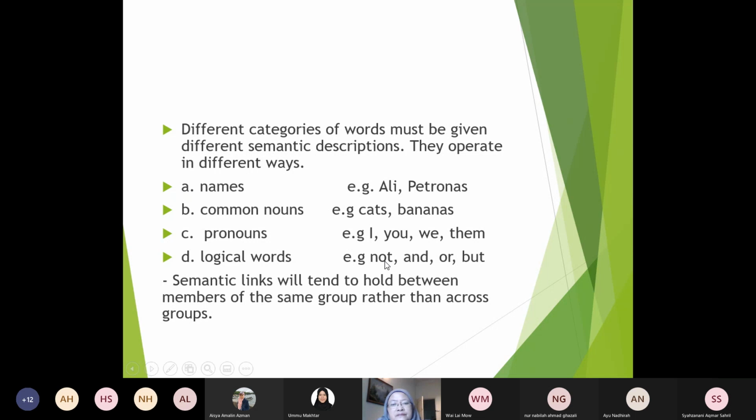Same with logical words. The fact that they connect two phrases or two sentences, the connecting meaning, is not shared by the pronoun. So semantic links are within the same group rather than across groups.